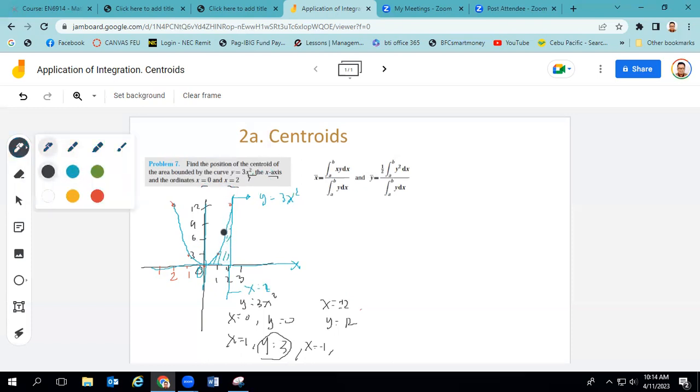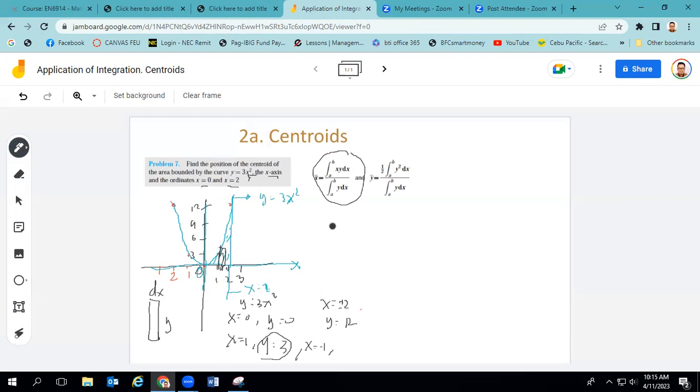When you draw a differential strip, I'm going to put it here: this is dx and this is y. Now, let us compute x bar using this formula. Just to remember, y dx is the differential area.